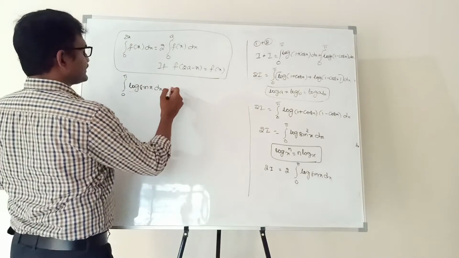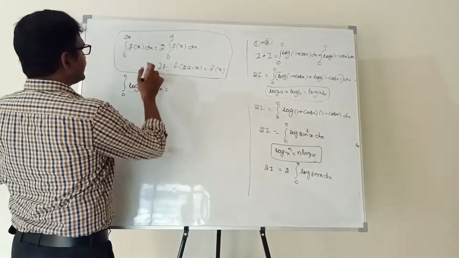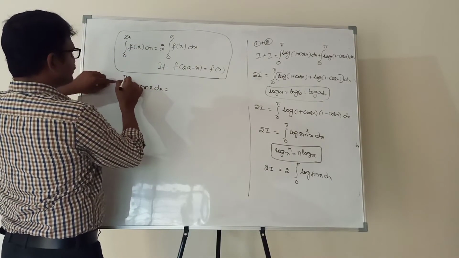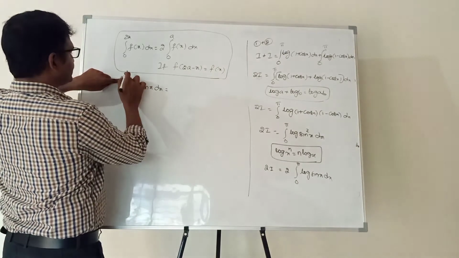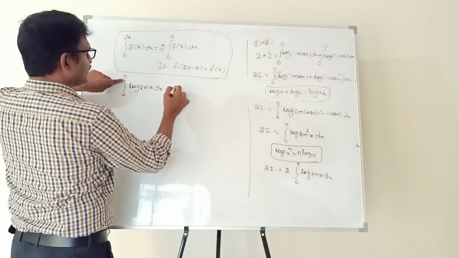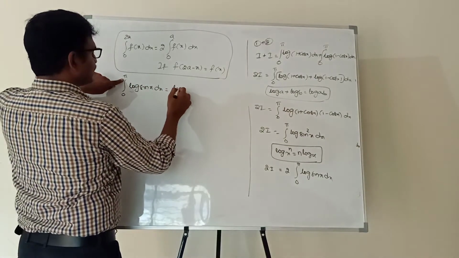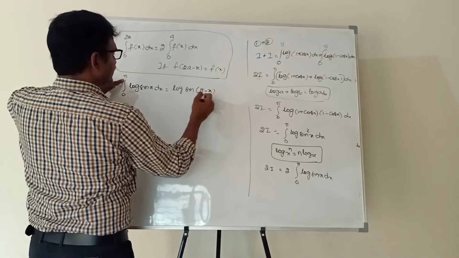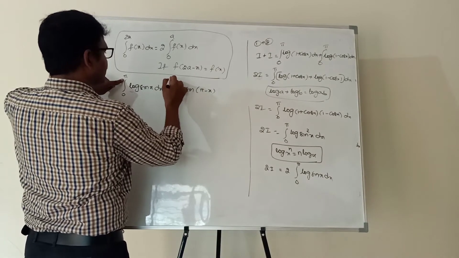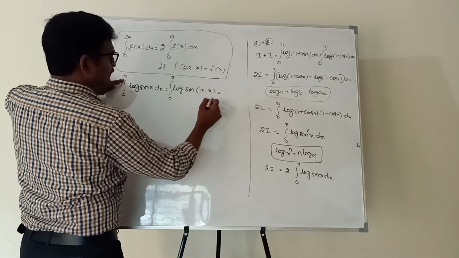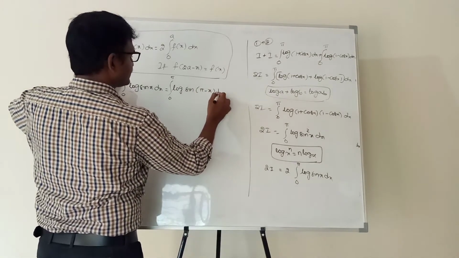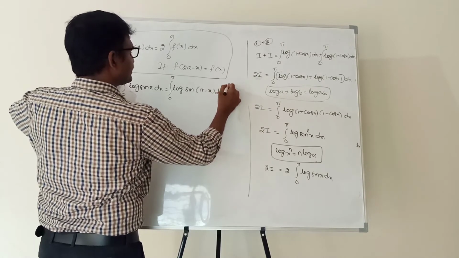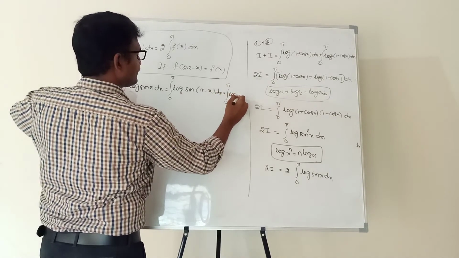So in this f of 2a minus x, 2a means here pi, so we have log of sin of pi minus x dx, equal to the integral from 0 to pi of log sin x dx.